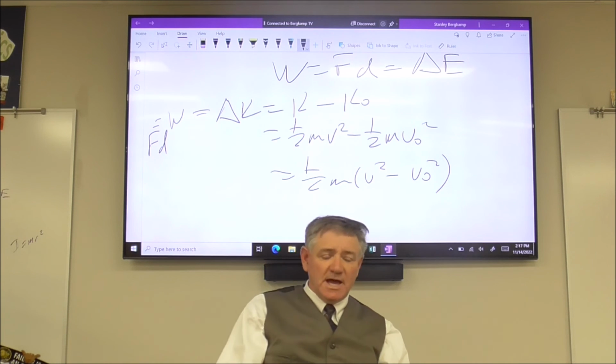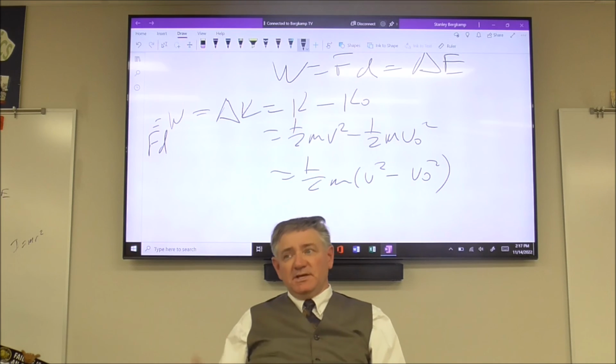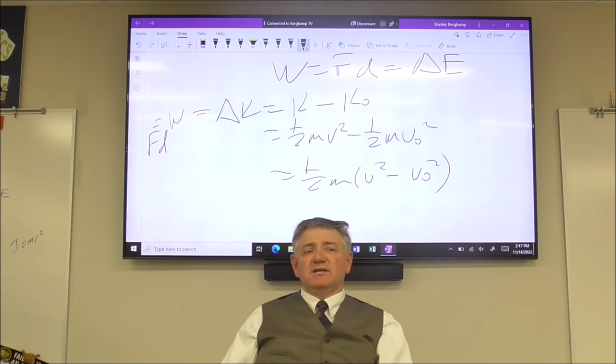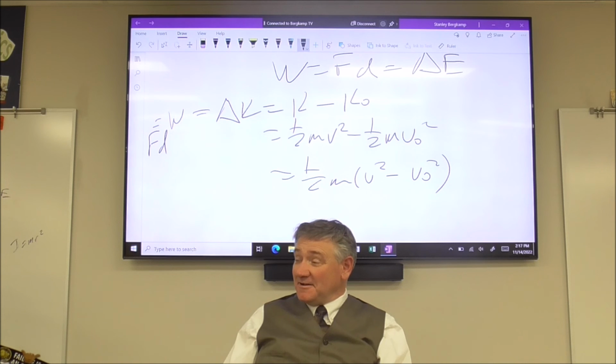Big difference. Now, is it possible for a ball to have both potential energy and kinetic energy at the same time? Yes. How, Vanessa? Like if you drop something, it still has a height, but it's still moving, so it has kinetic energy.